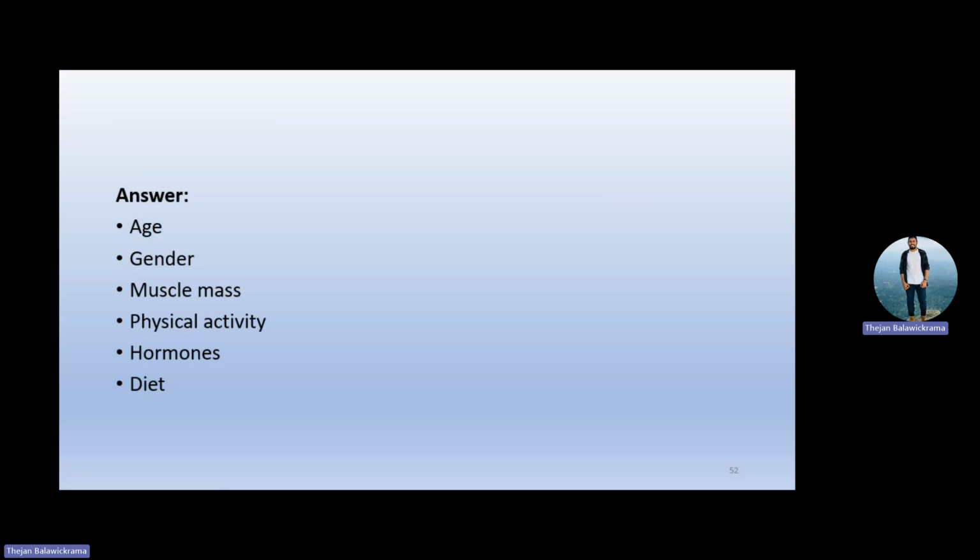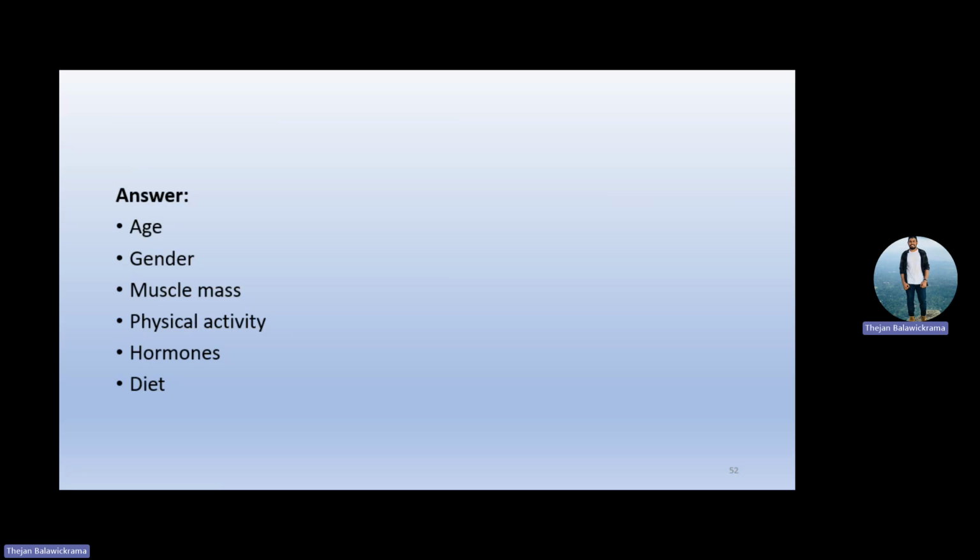Obviously, how fast the chemical reactions happen, how fast substances are made, how fast energy is produced, how energetic we are, all depends on how old we are, whether male or female, muscle mass, physical activity, hormones, and the food that we eat, right?